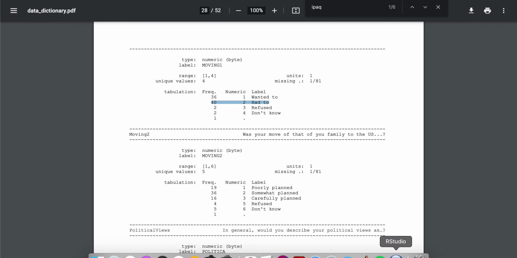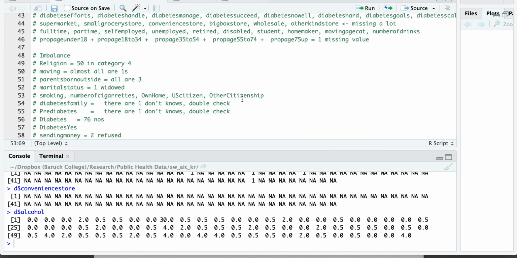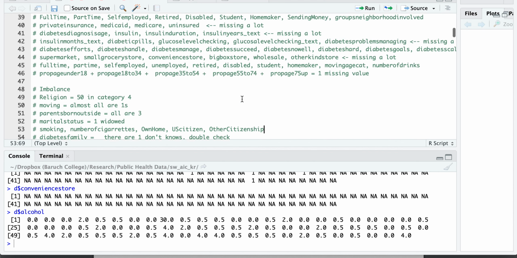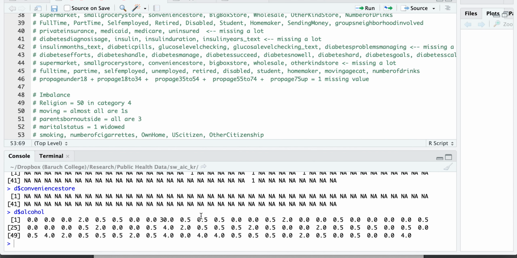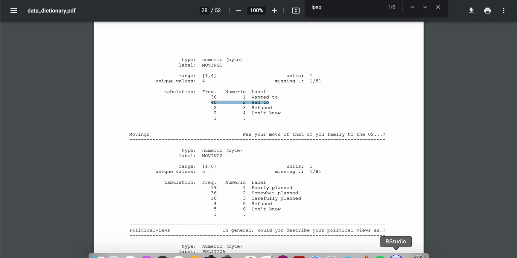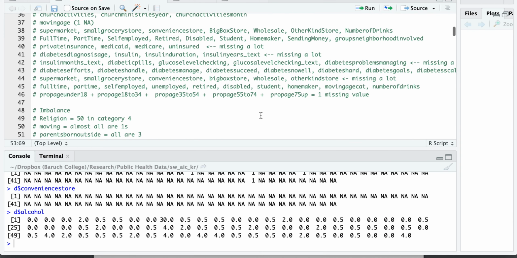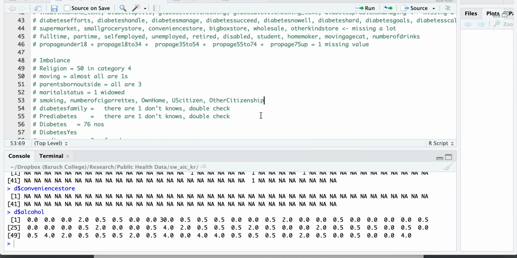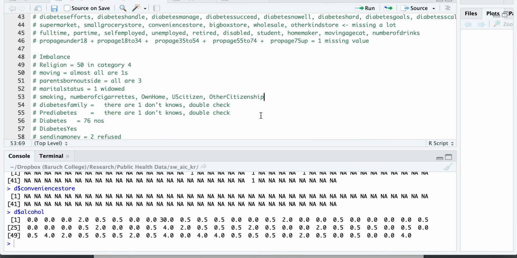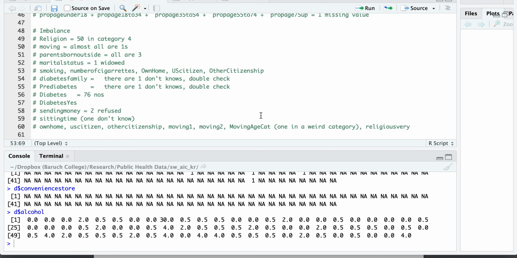So moving one and two goes into balance, right? Oh, I have it here. Okay.